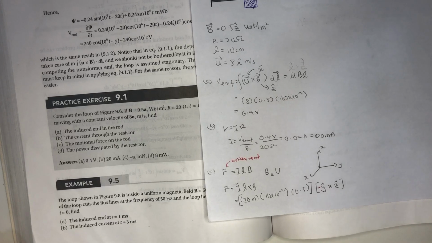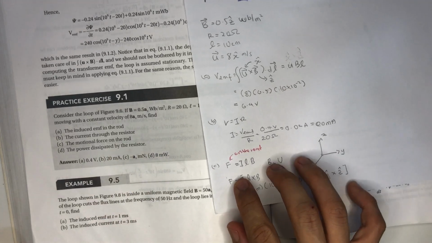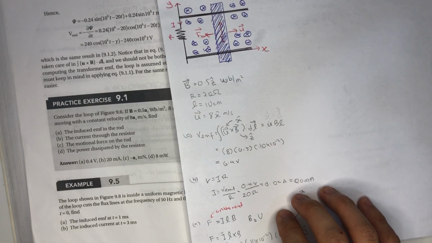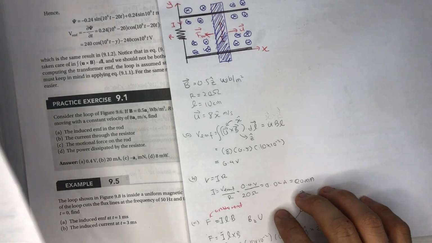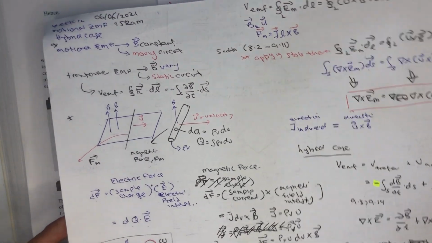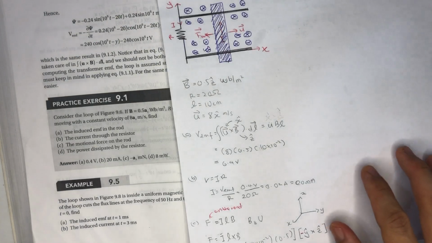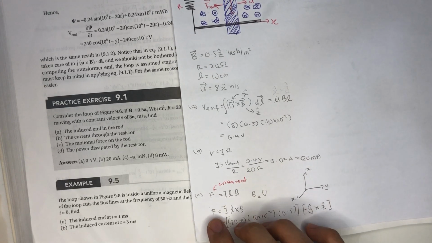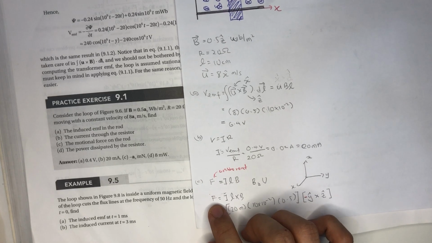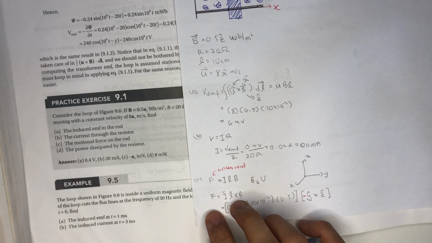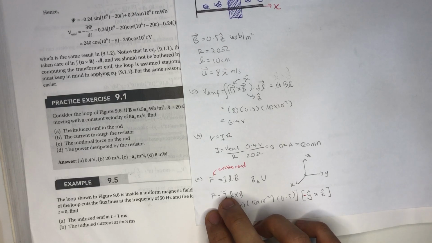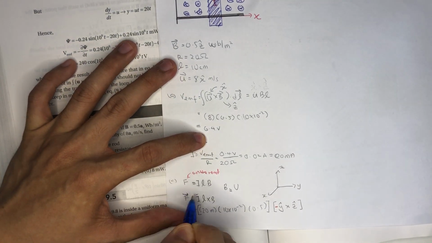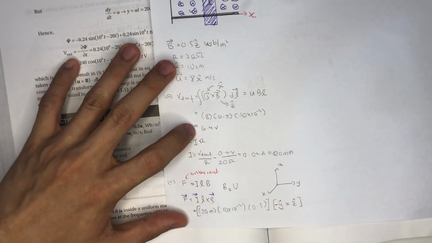And then for the motional force on the rod, what I showed just now, F can be ILB. Where is it? Here, F equals IL cross B. So F equals ILB is the general form, and the specific one is F equals IL cross B, where all are vectors.